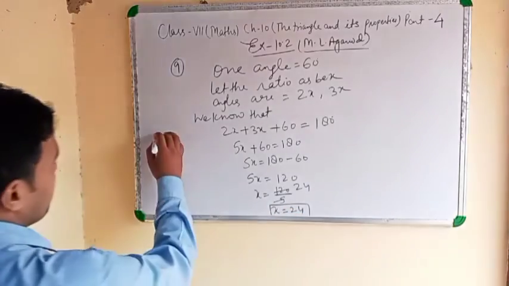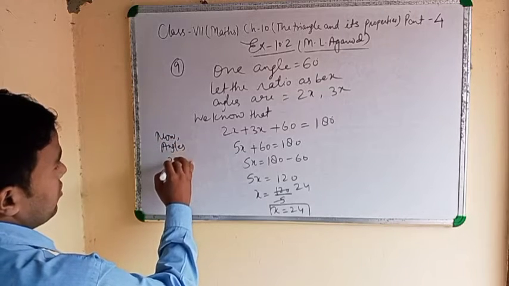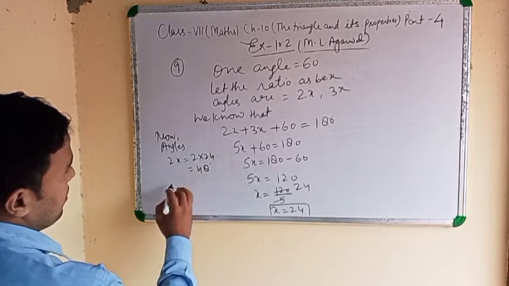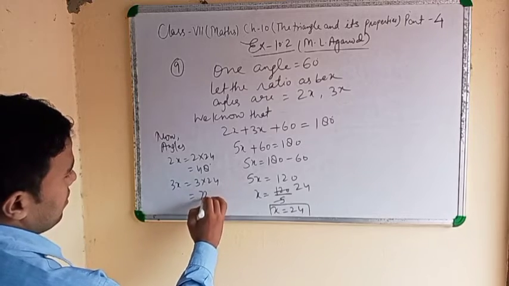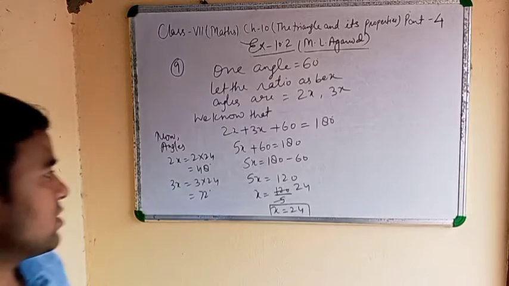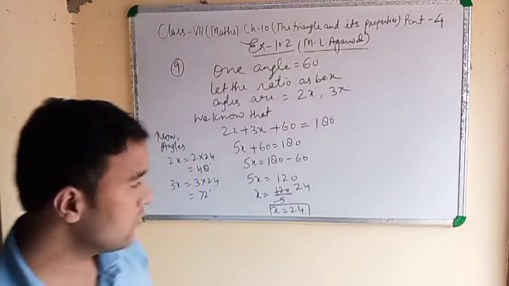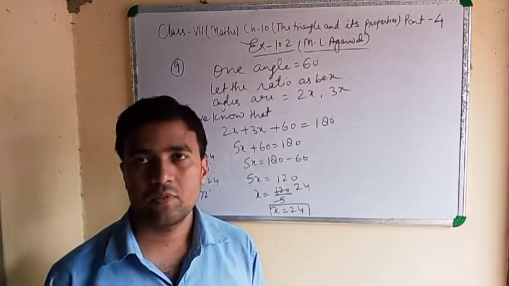Now angles, 2x means 2 into 24, 48. 3x means 3 into 24, means 72. Means first 48, 72 and 60. When you add it, you will get 180. Note down.